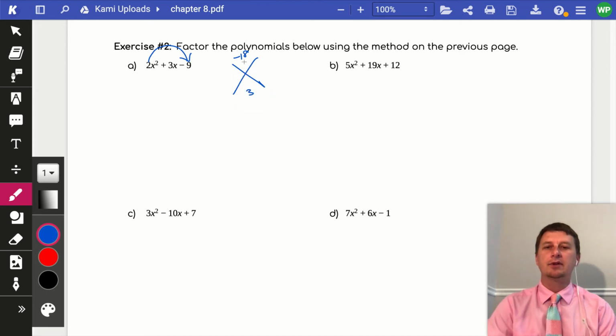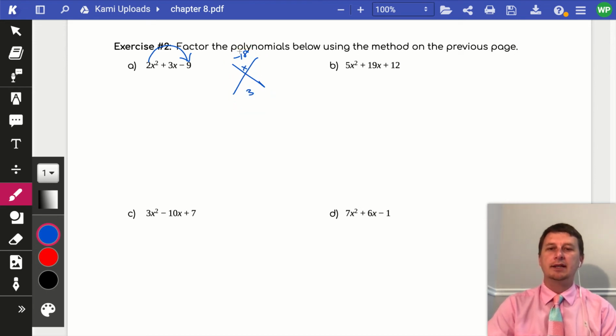So now we're looking for two numbers that multiply to negative 18 and add to 3. And we should be thinking 6 and 3 could get us there. How can we get them to be a negative 18 and a positive 3? Well, let's make the 3 negative and the 6 positive. 6 times negative 3 is negative 18. 6 minus 3 is positive 3.